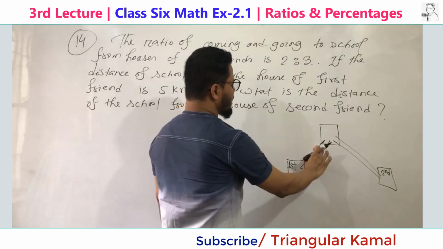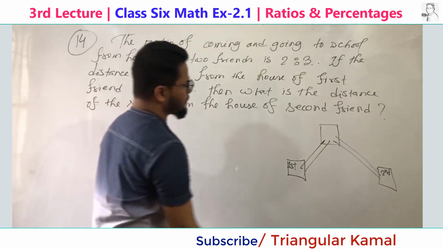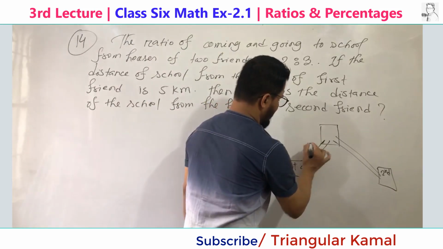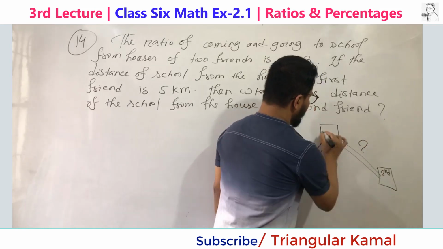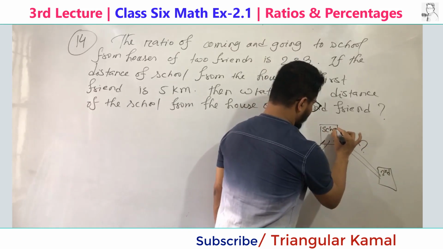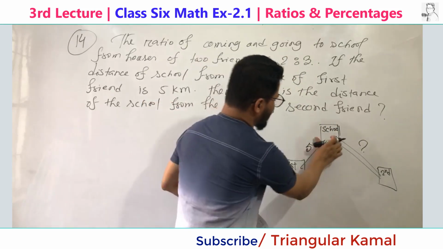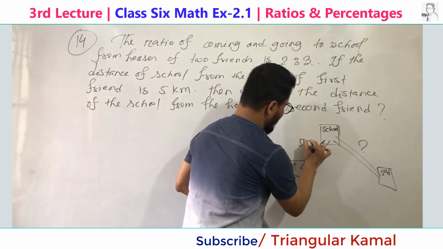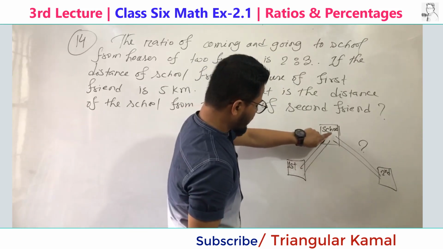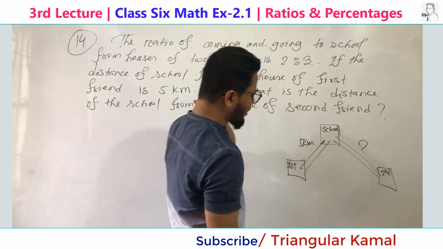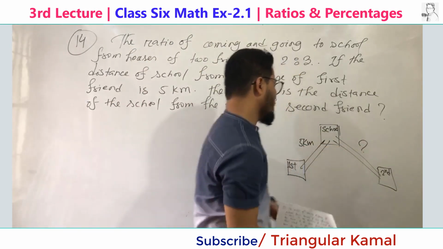The first distance is 5 kilometer here, and then what is the second distance? The distance from house to school of the first friend is 5 kilometer, and the second friend is what?